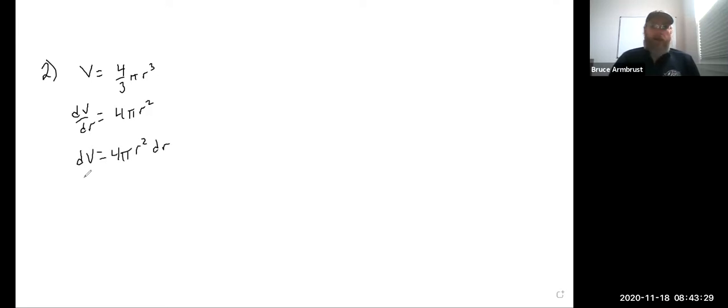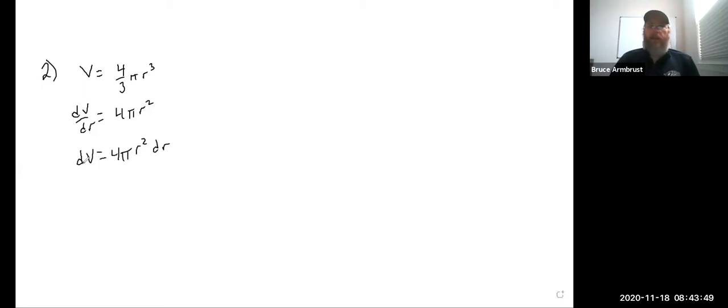All right, so this is enough for us to go ahead and calculate the error in the volume. We just need to know the radius, and we need to know how off we are. The d's, these little guys, the differentials, the dr and the dV, those are the actual errors in the quantities, right?